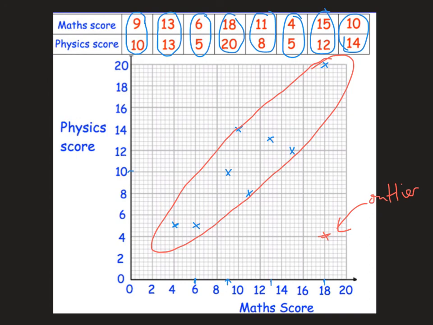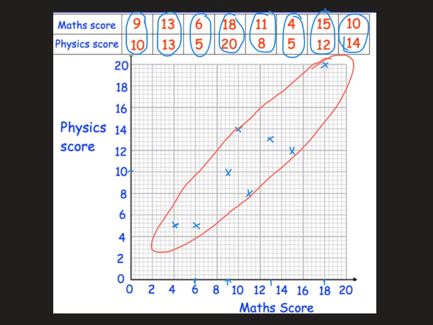So you might investigate that a bit more, maybe find out what that person did. Maybe they're having a bad day, maybe they did something wrong in the exam, something along those lines. But generally speaking, for the actual ones in this question, they all show some sort of relationship because they roughly make a straightish line, or at least some sort of what's called a correlation.